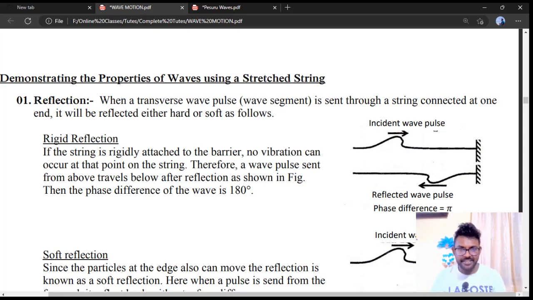Reflection is when the wave doesn't go to the second medium. It is transferred back to its original medium when it meets an interface, a boundary that is stopping the wave. Now if it is a stretched string, we know that we can produce longitudinal waves and also transverse waves.